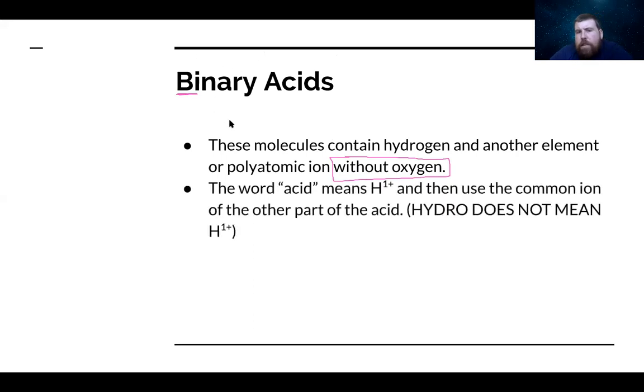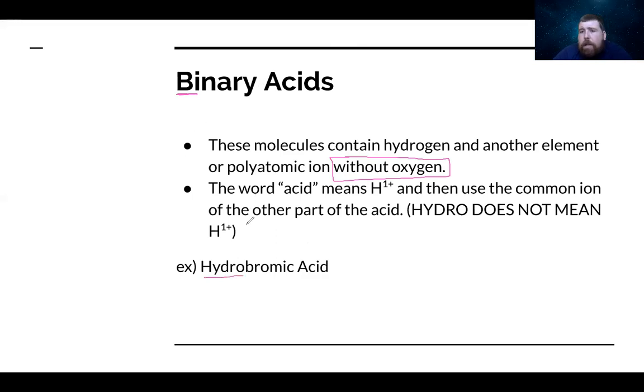As far as this goes, when you see the word acid, I want you to think of H1 plus. As we will begin to see here, the prefix hydro does not mean the hydrogen ion. So for example, let's look at hydrobromic acid. The second you see hydro, you're like, okay, cool, this is a binary acid.